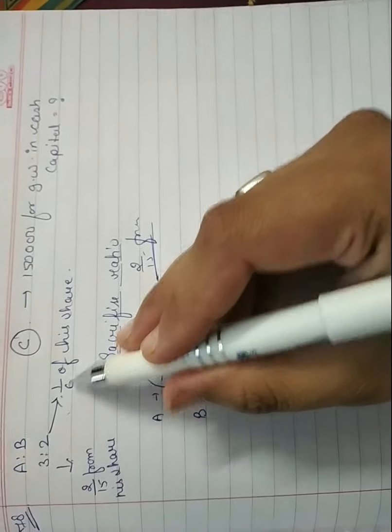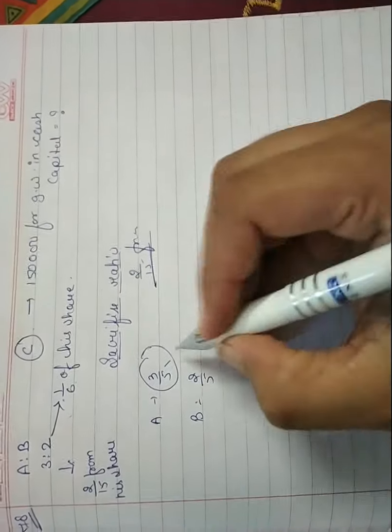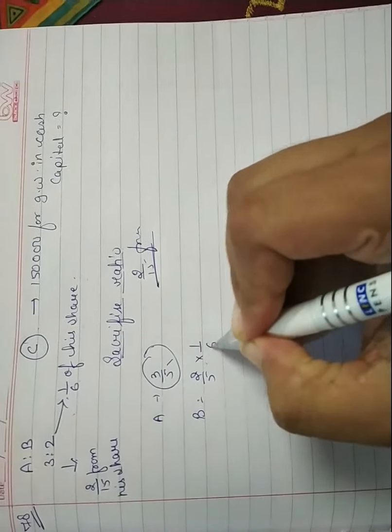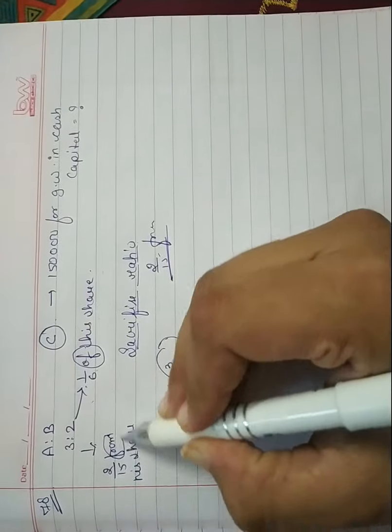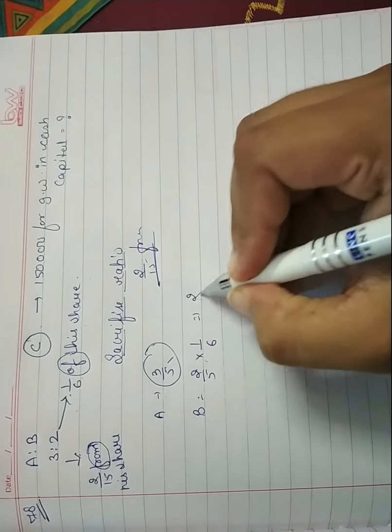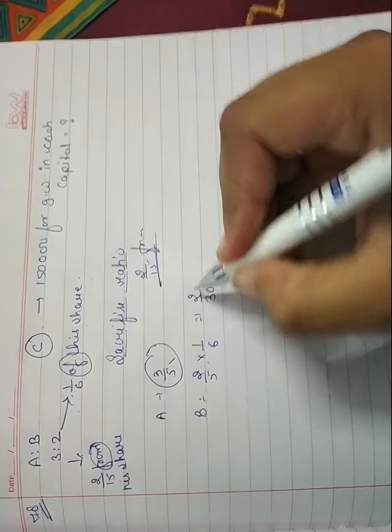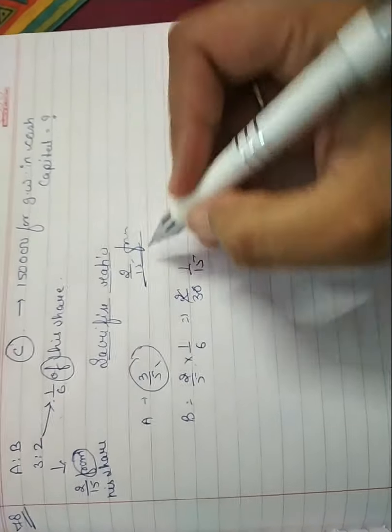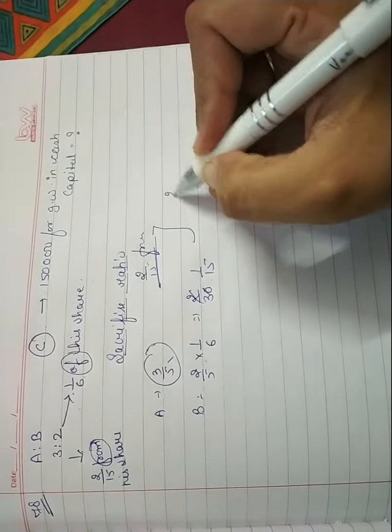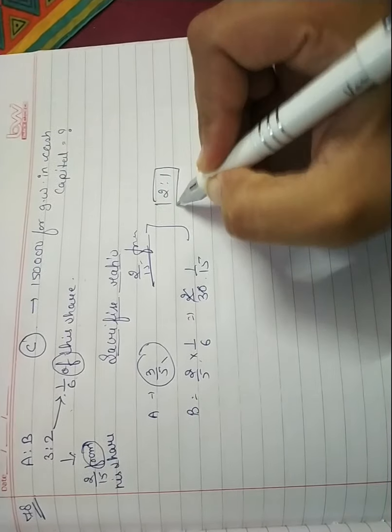And B is sacrificing 1/6 of his share. It means we need to calculate the 1/6 of his share, because here "of" is written and here "from" is written. So 2 by 30th part, that is 1 by 15. So here the sacrifice ratio is 2:1.